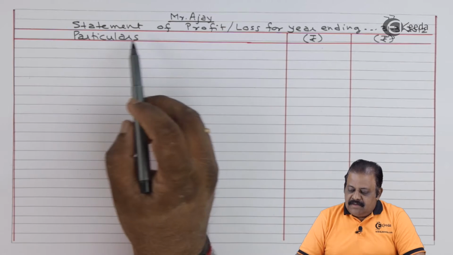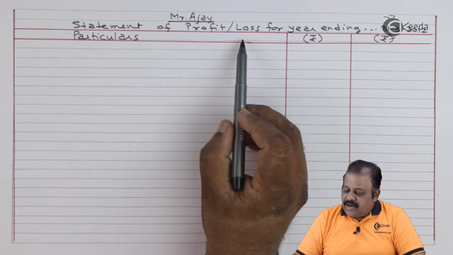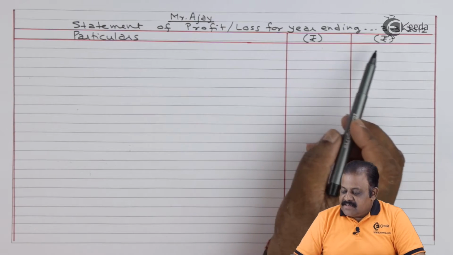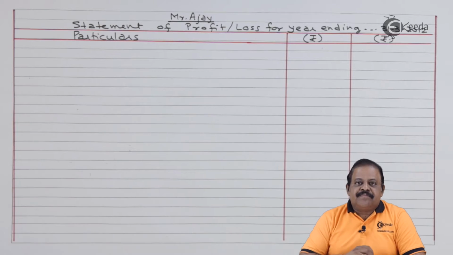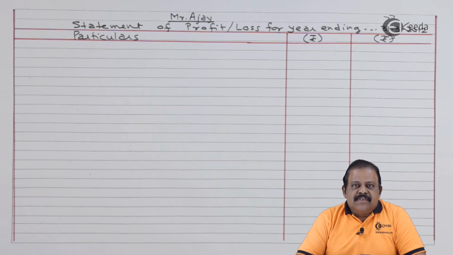For Mr. Ajay, let us prepare the statement of profit and loss for the year ending 31st March 2012. This statement is prepared to find out profit or loss when books are kept under the single entry system. We are required to start with the closing capital of the business at the end of the financial year.